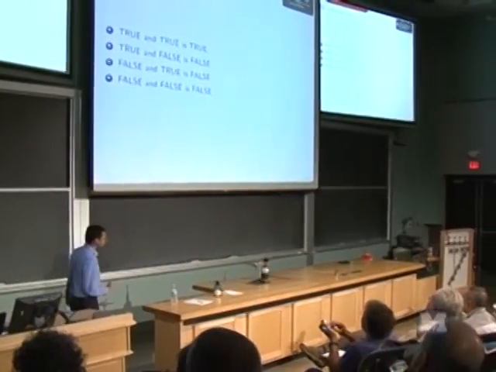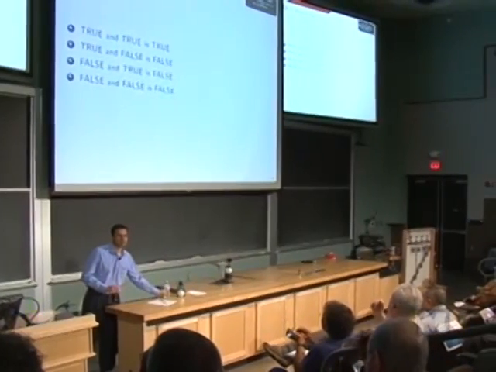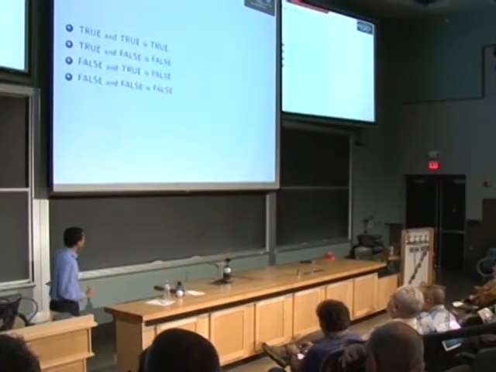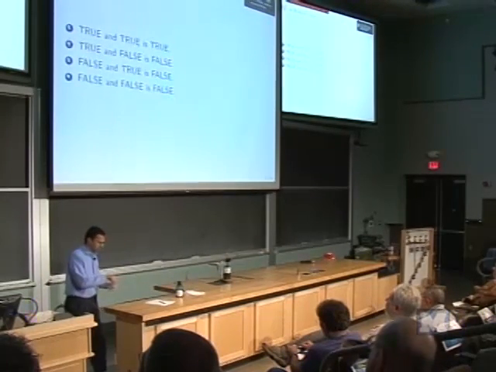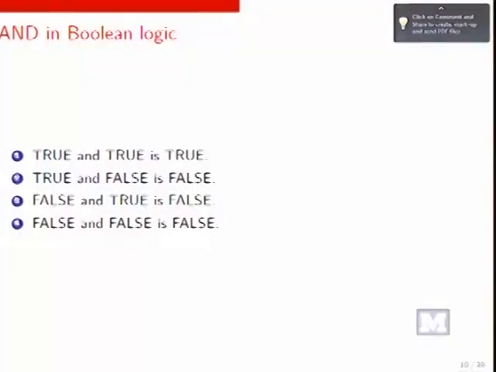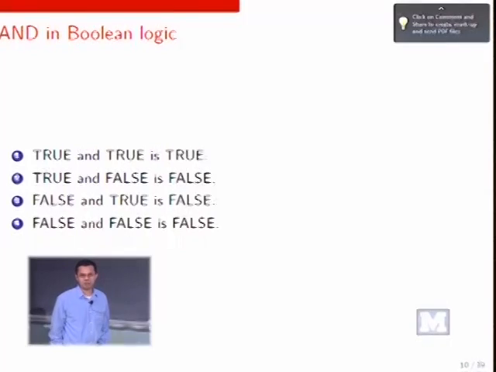Now, using transistors, we can actually really start building in logic. For example, we can build the AND gate. The AND is one of the basic logical operations. If something is true and something is true, then it is true.